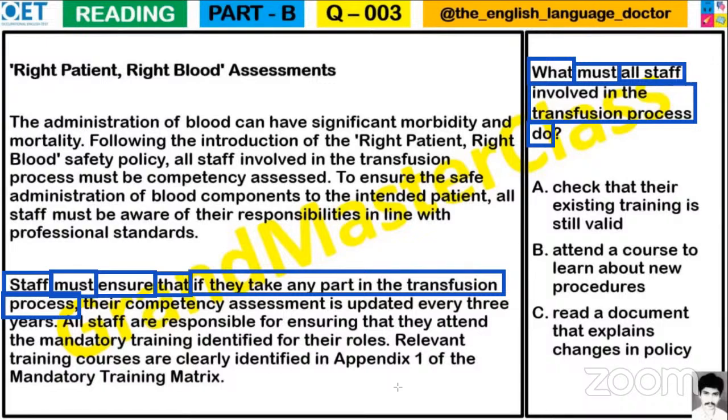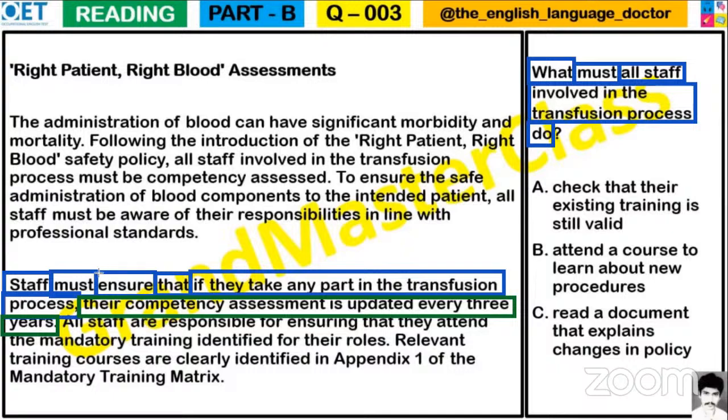The remaining part is the answer. So I'll change the color of this one into green. Their competency. So staff must ensure.